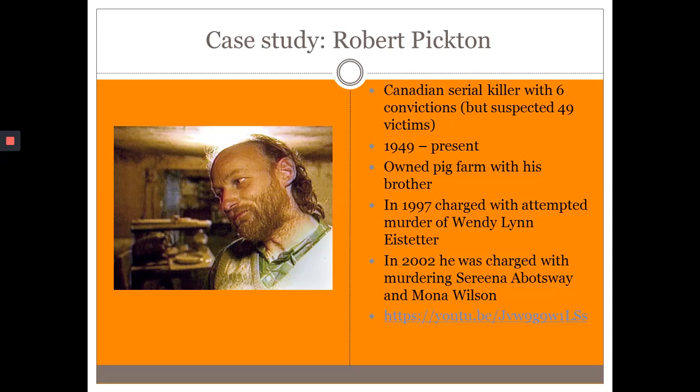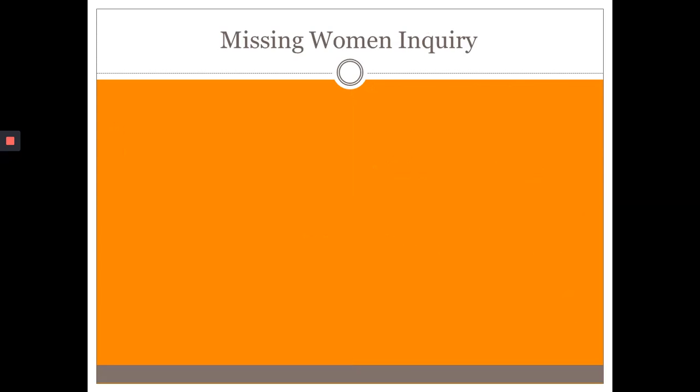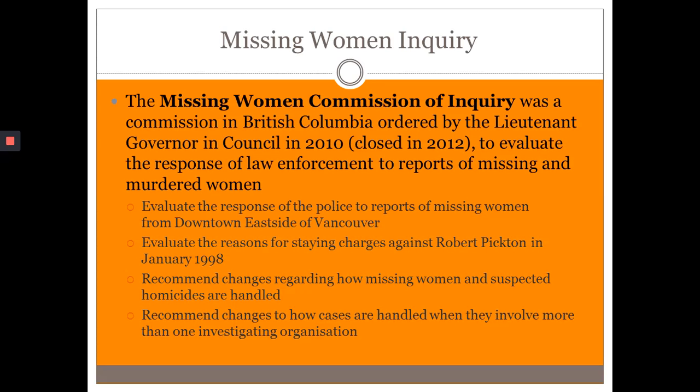In 2002, he was charged with murdering Serena Abbotsway and Mona Wilson, and eventually other murder charges were added to those charges after 2002. The crimes that Picton committed led to the Canadian government, without getting too much into Canadian politics, it's broken down into large districts, regions, a little bit like America with states, a similar kind of setup.